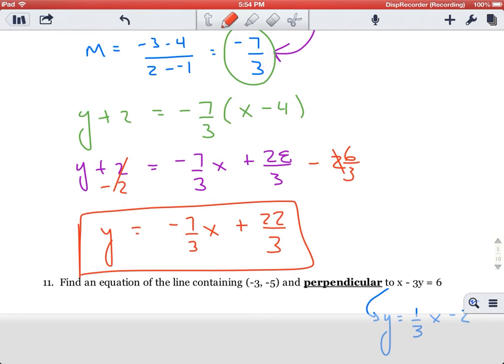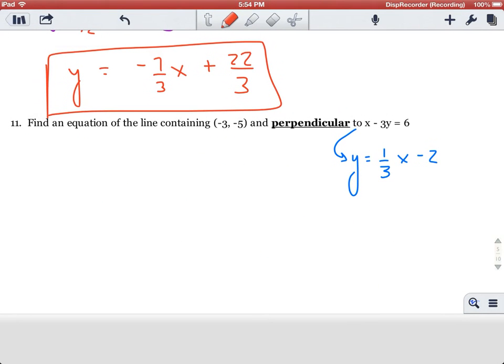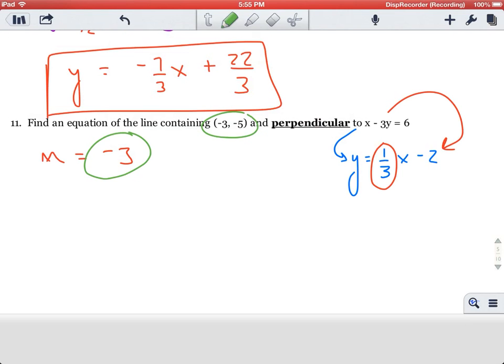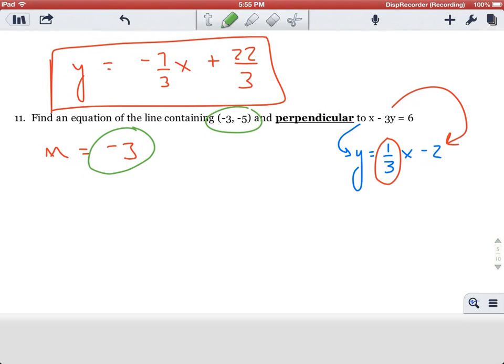Question number 11, since we wanted perpendicular, we're going to have to convert from standard form to slope-intercept form so that we can figure out the slope is 1/3, and therefore our slope is going to be -3. So we're going to take a slope of -3, we're going to take this point, and I'll do this one in slope-intercept form.